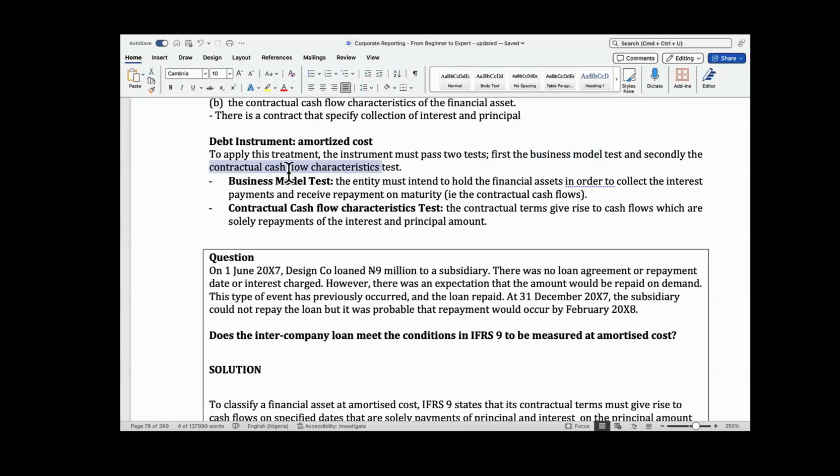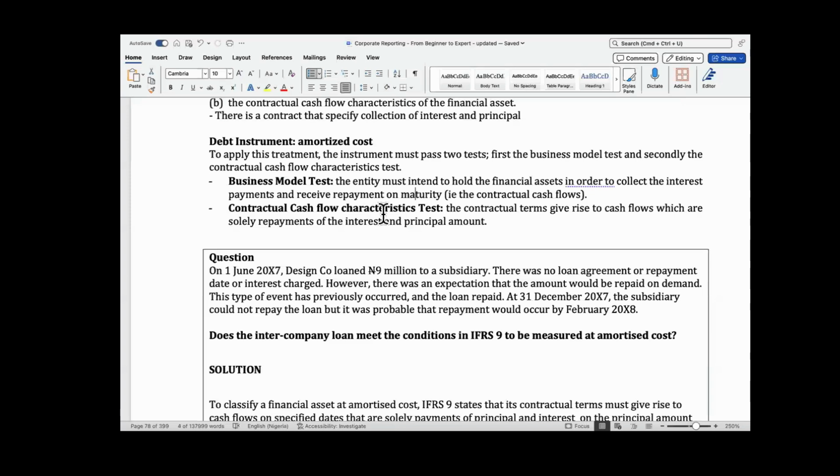Okay. So if your business model, meaning the way you want to make money from this investment, is solely collecting interest and also principal at maturity, if that's your business model.